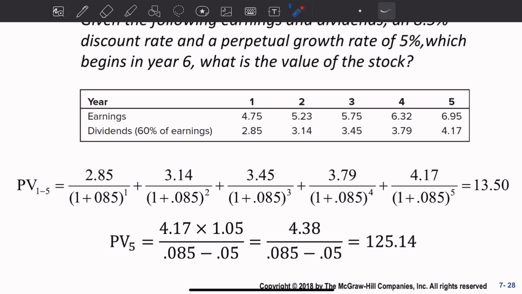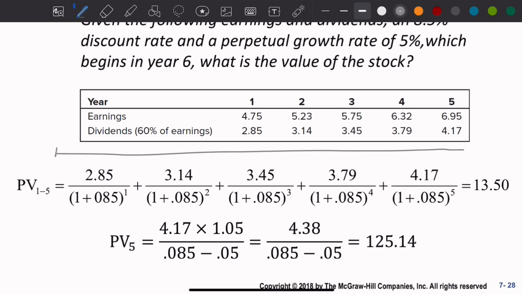Now notice that if I draw this on a timeline, it's going to be something like this. Okay, this is 0, 1, 2, 3, 4, 5, 6.